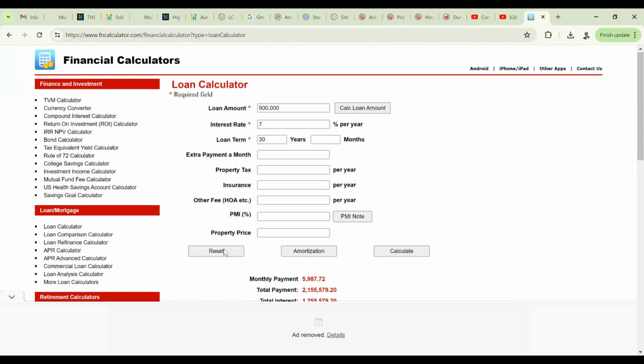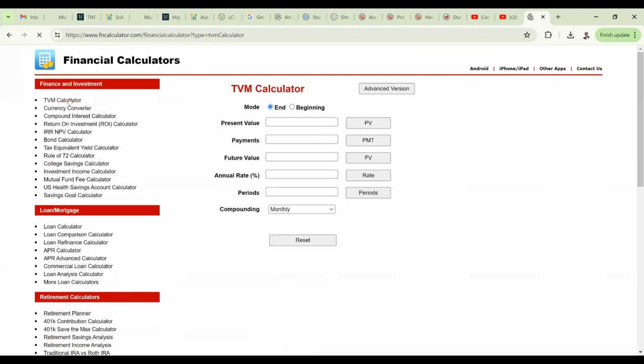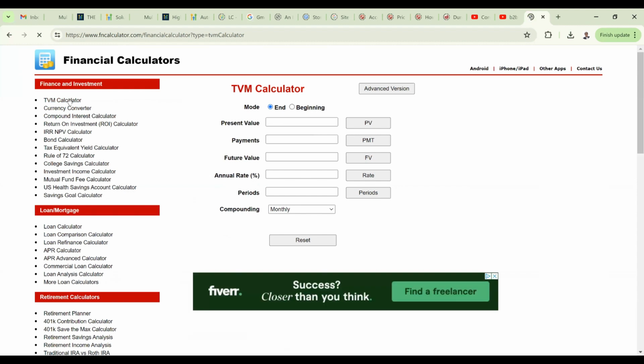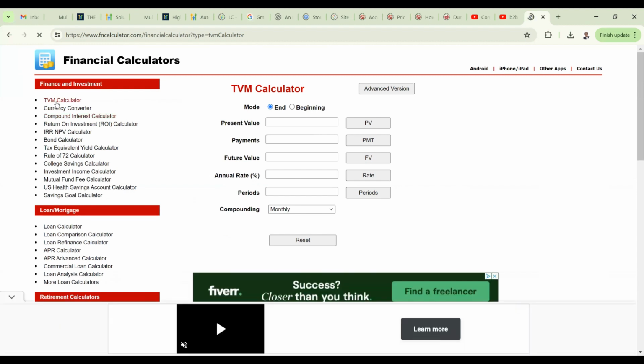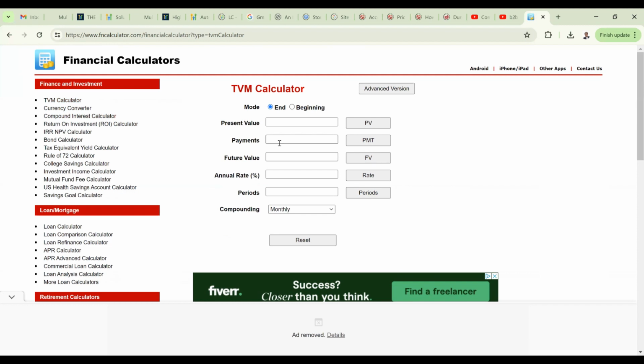However, in this scenario of the calculator I will show you, you want to do the reverse. So the reverse is true. If you go to the time value of money calculator, that's TVM, you'll put in the payment that you can afford. And remember, it shows you the maximum allowable payment on the calculator.